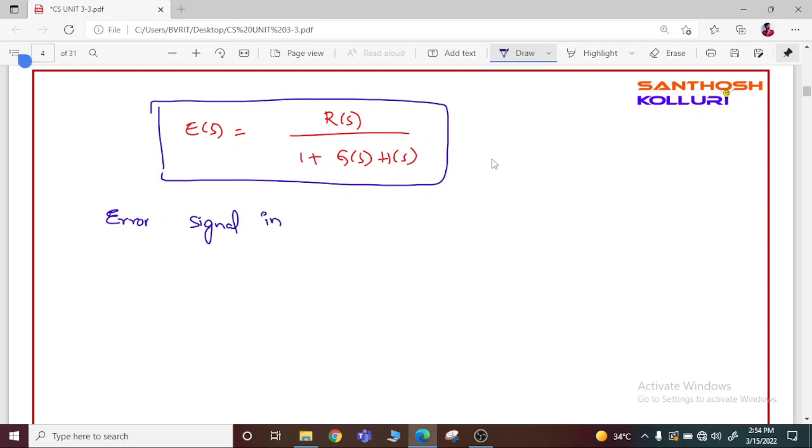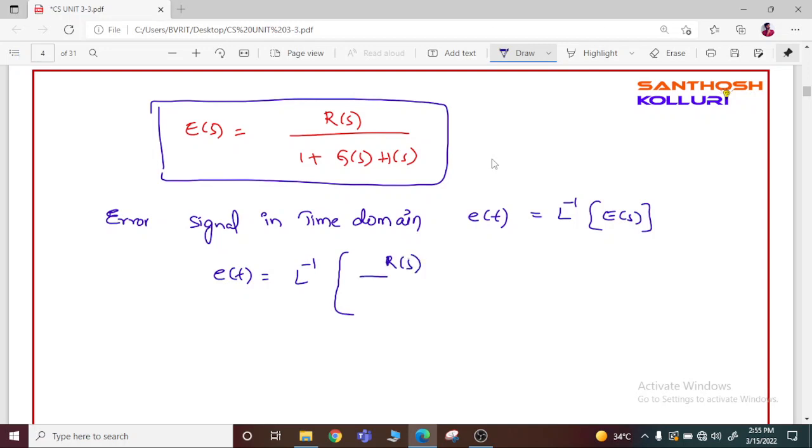So E(t) is equal to the inverse Laplace of R(s) divided by 1 + G(s)H(s).